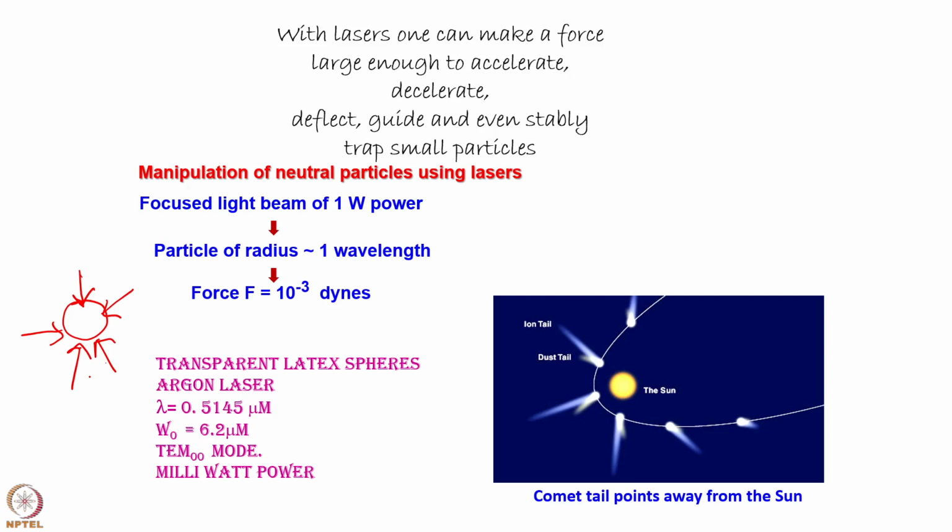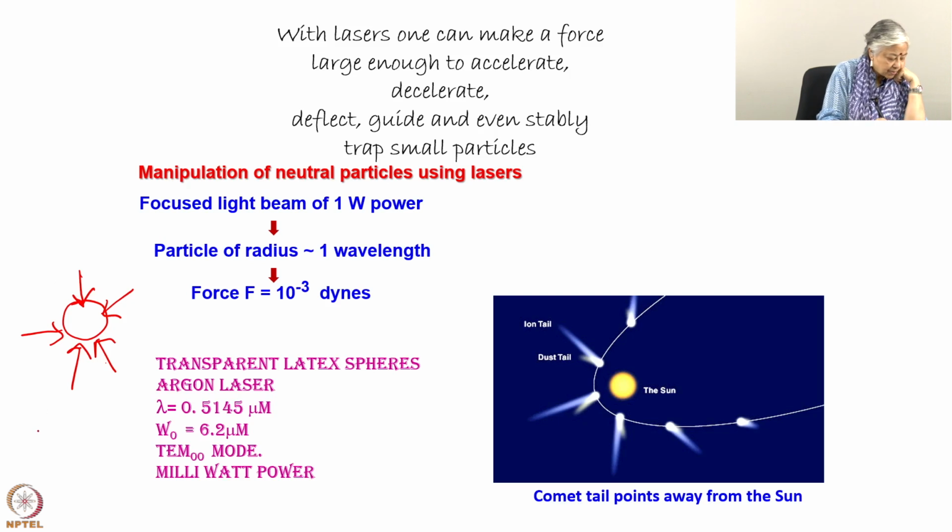Here what I am speaking about is in terms of 10 to the power minus 3 dynes, small things. It is small, it is not as huge a pressure as that. I think I am speaking of megabars here.